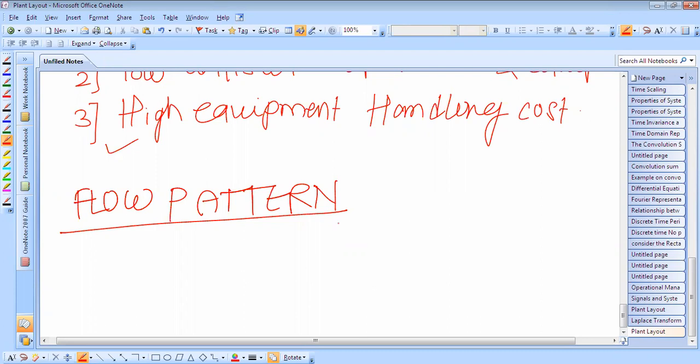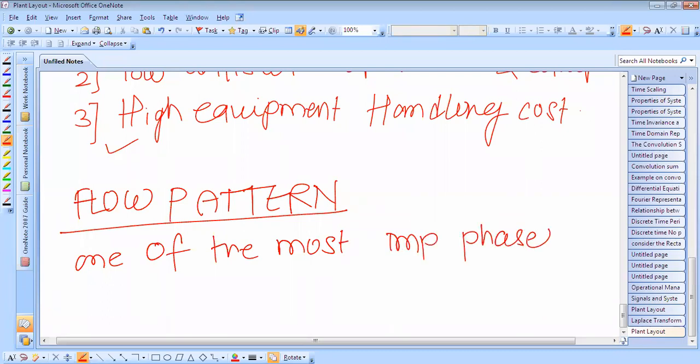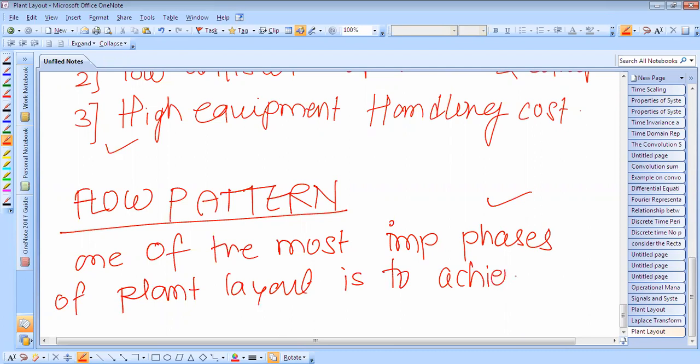One of the most important phases of plant layout is to achieve an optimum effective flow of material.